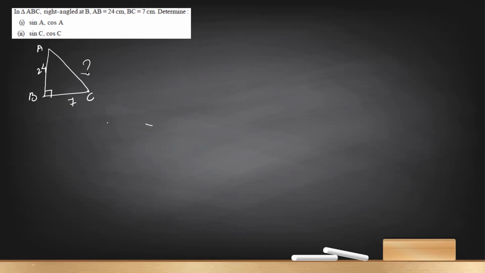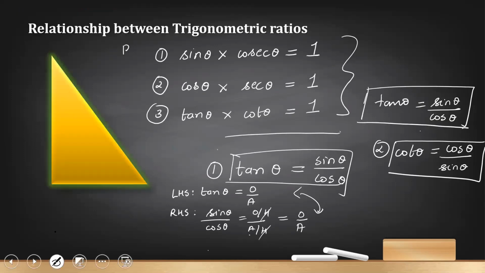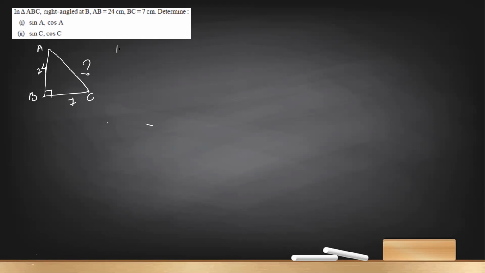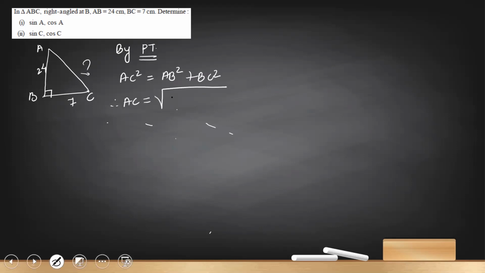Now using Pythagoras theorem, can I not find out AC? By Pythagoras theorem, we know that AC square is going to be AB square plus BC square. So therefore, AC is going to be under root of AB, which is 24 square plus 7 square.